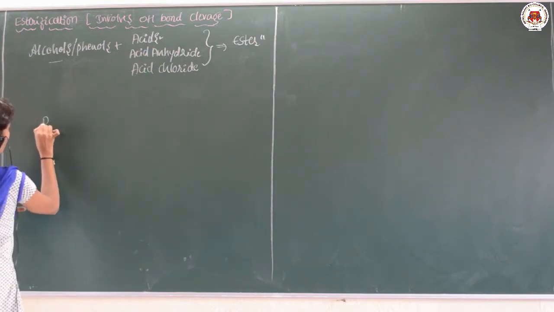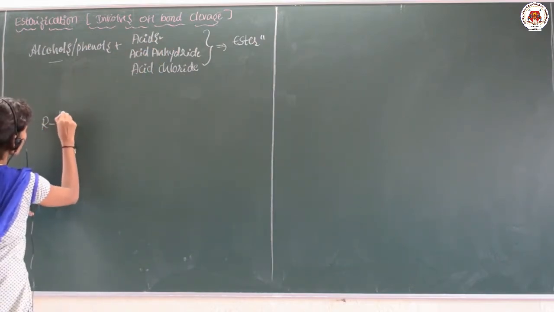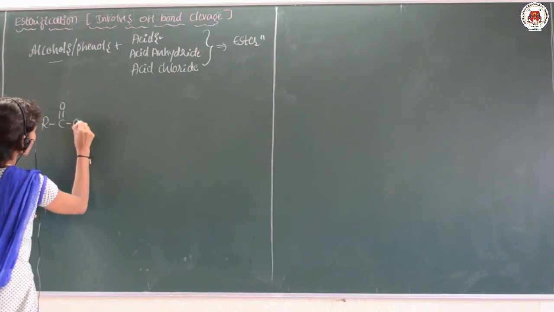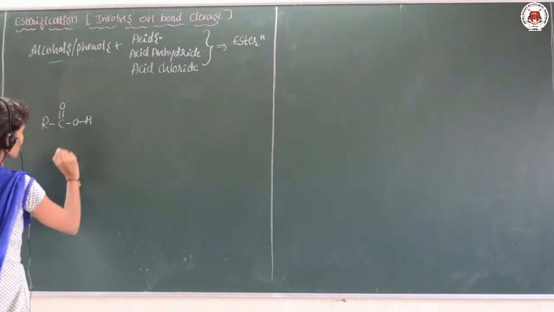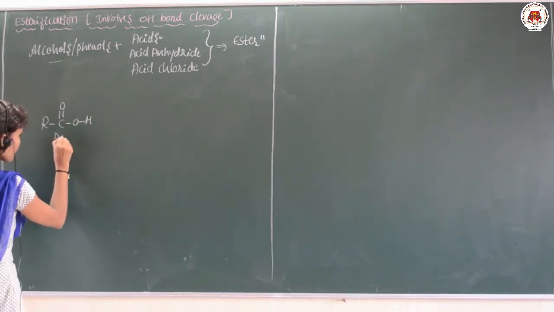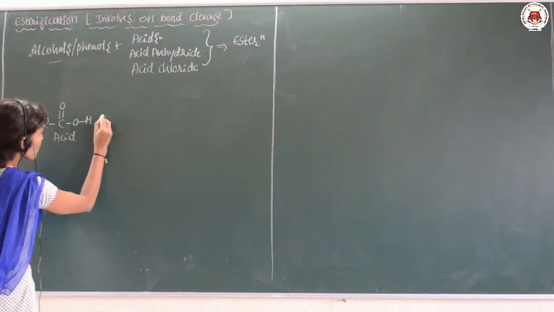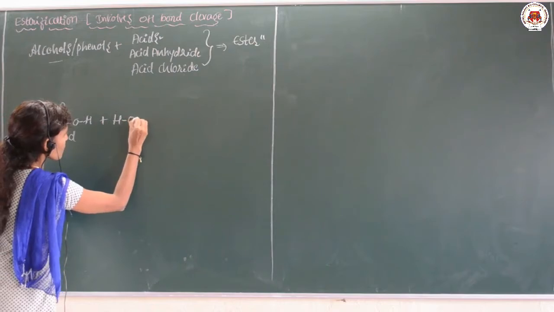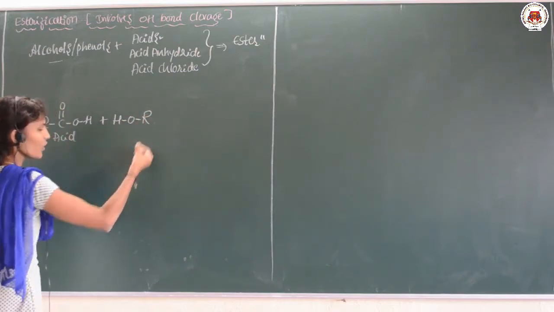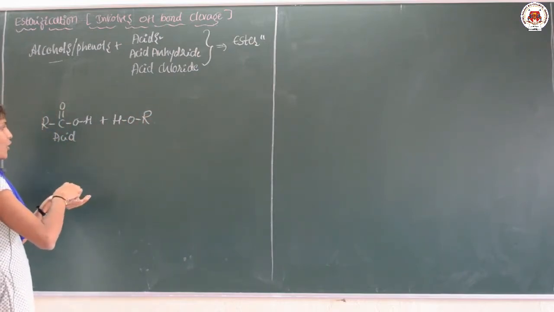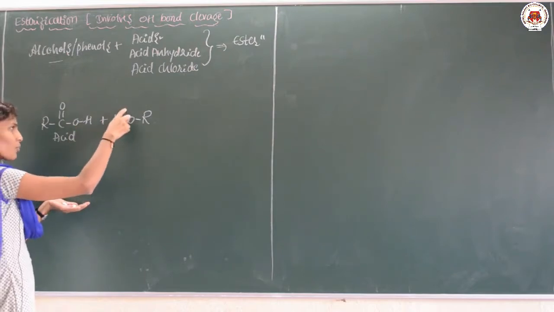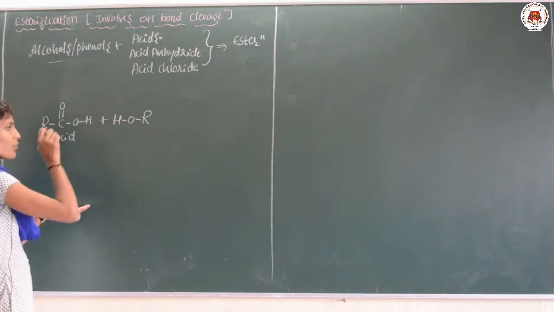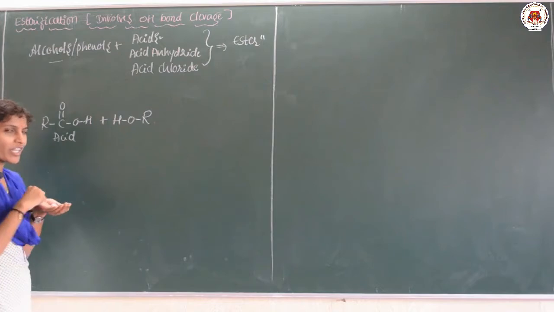This is the general formula of the carboxylic acid, this is the acid. Whenever it is treated with the alcohol, I am going to write like this. In order to remove the byproduct, it is very easy.